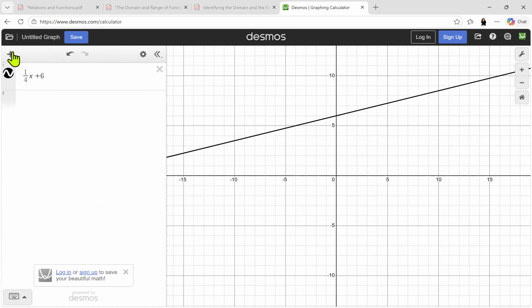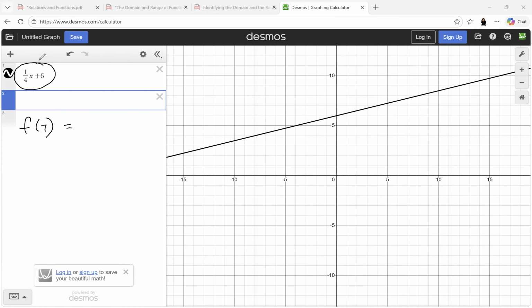And algebraically, if I had to find f of 4, given the function f of x is 1/4 x plus 6, what would be the substitution? Sorry, I wrote the wrong thing. The coordinates of the point will be 4 and 7.